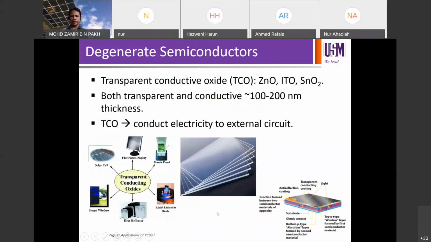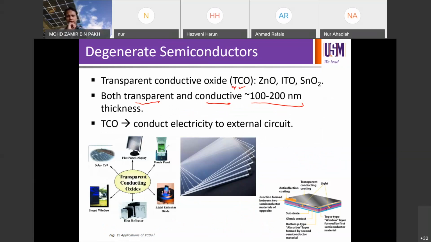Transparent conductive oxide examples are zinc oxide, ITO, tin oxide. They are both transparent and conductive. Look at its name, transparent conductive oxide. The typical thickness is 100 to 200 nanometer.